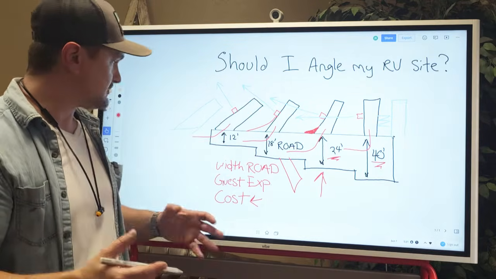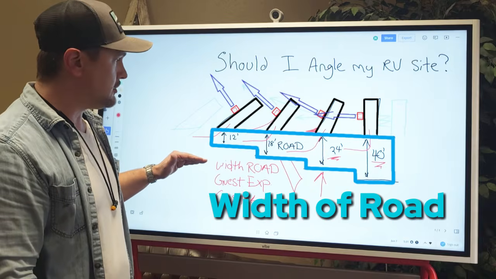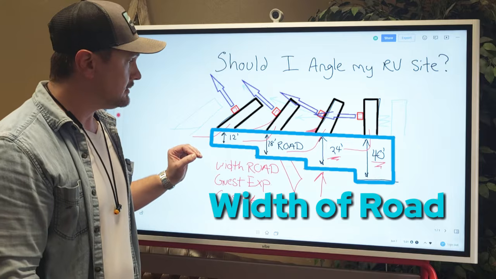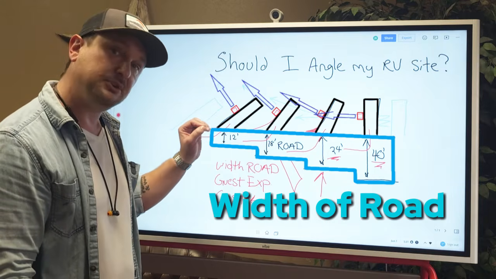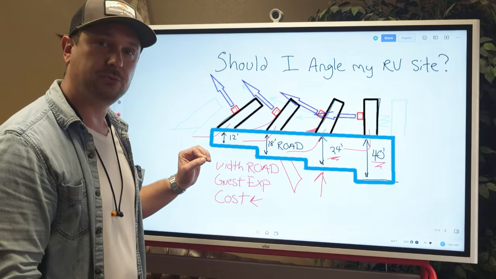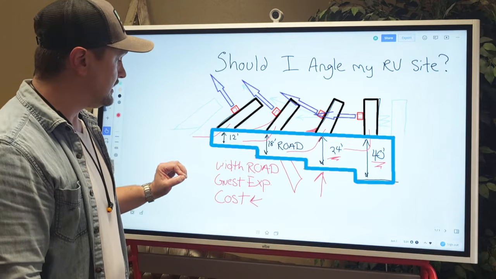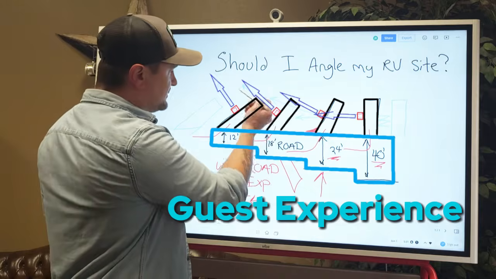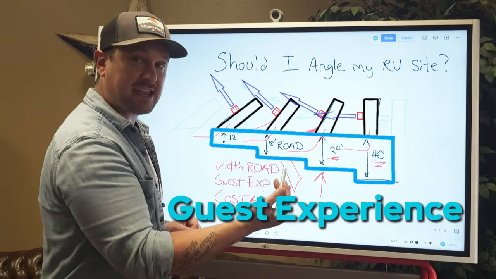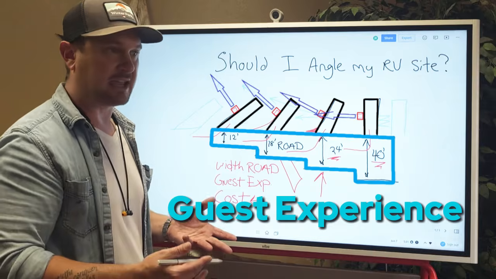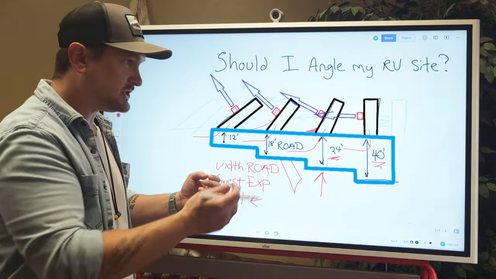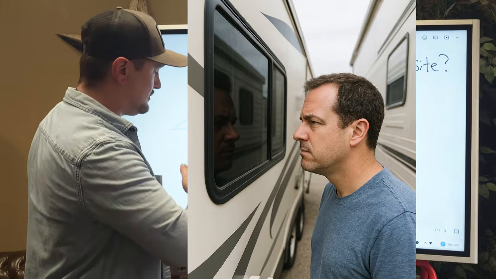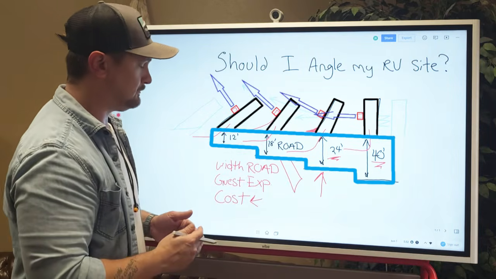So let's review this. The width of the road should determine the angle of your site, because at the end of the day, we need to build these to add customer value. The next thing, guest experience. They're not staring at your neighbor's RV. And who wants to go camping and come out their patio and just stare at somebody else's window, right? So guest experience is a big thing to me.